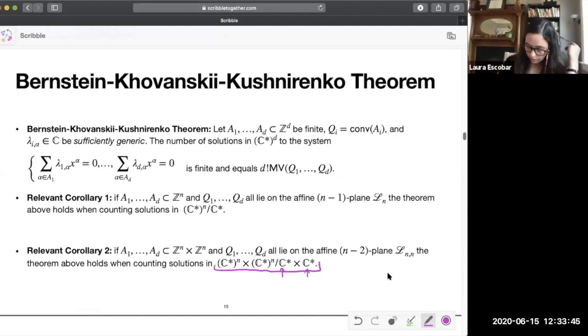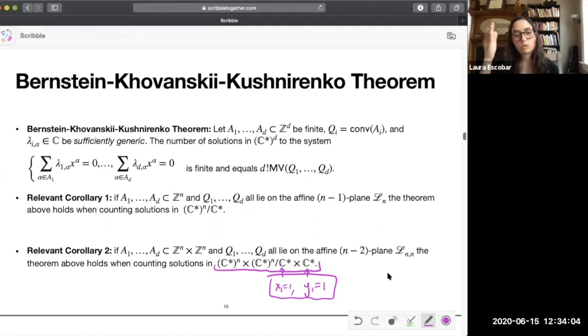So we can think of this as setting one of the variables equal to 1 and the other variable equal to 1. This is how you should think: we're counting solutions, we're going to have a system of equations, and we're always going to set one of the first n variables equal to 1, and one of the last variables equal to 1.